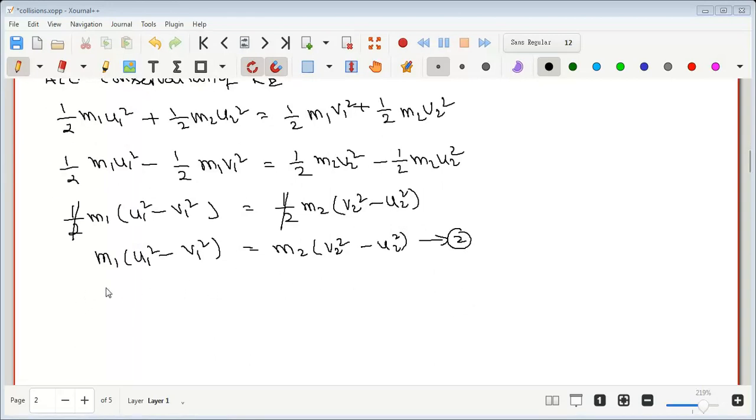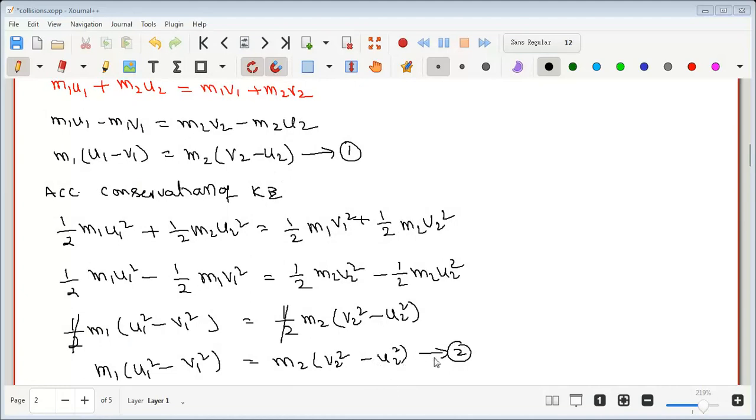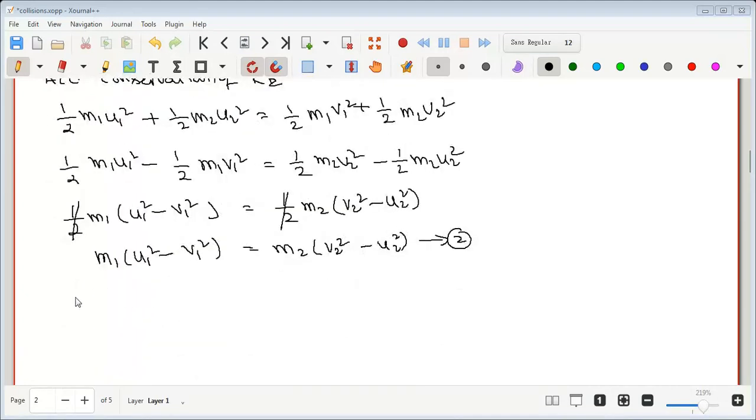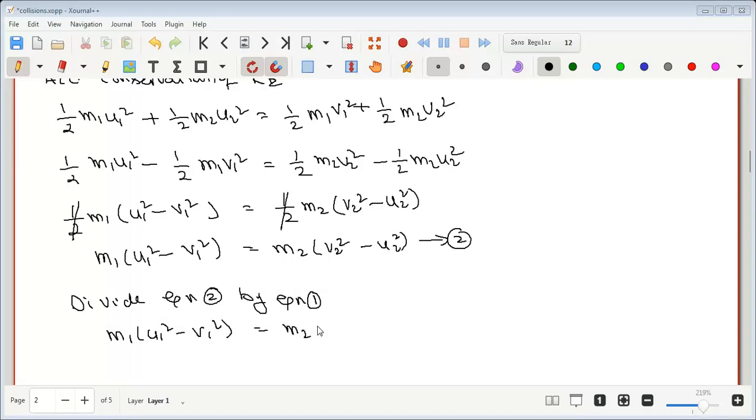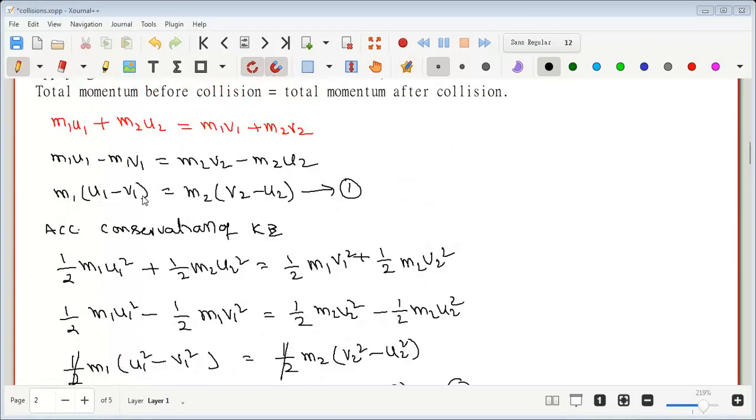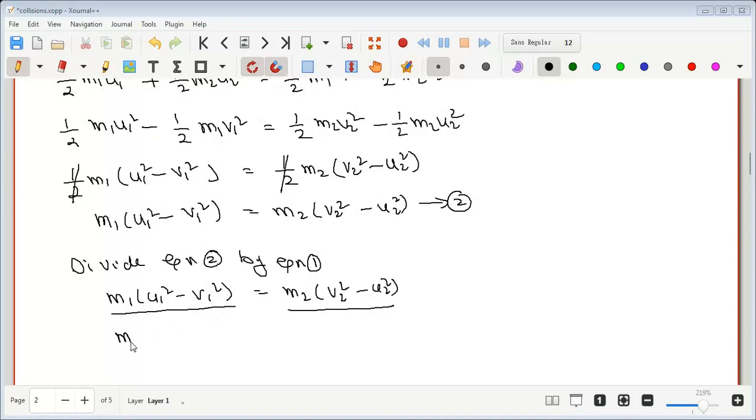For simplification, we have to divide equation 2 by equation 1. m1 (u1 square minus v1 square) is equal to m2 (v2 square minus u2 square), divided by, from the first equation, m1 into (u1 minus v1) is equal to m2 into (v2 minus u2).